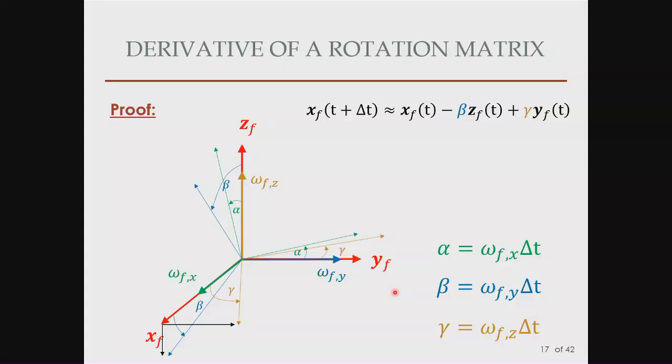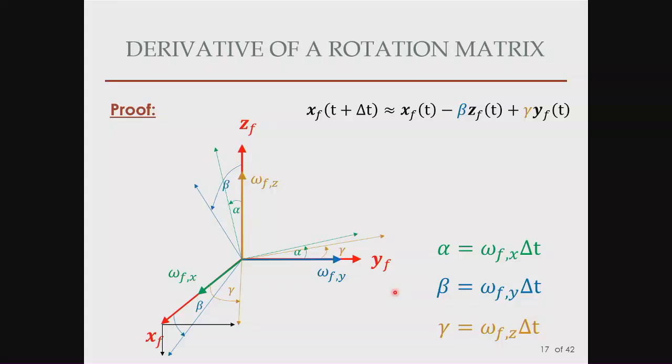So if I want to go from the origin to the new position, that would be my xf at t plus delta t. What I need to do is go xf, the original one, at time t, then go against the z direction by beta radians, and then go along the y direction by gamma radians.